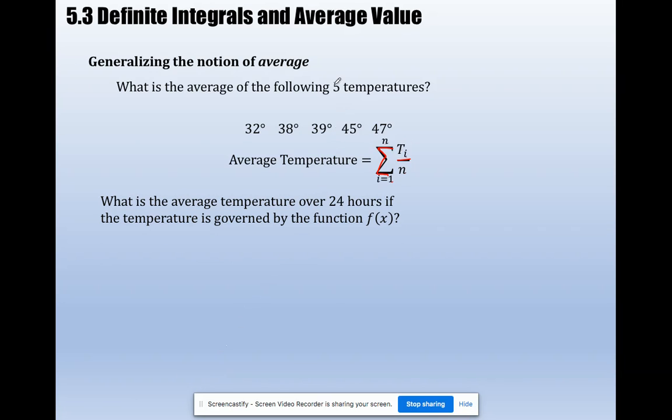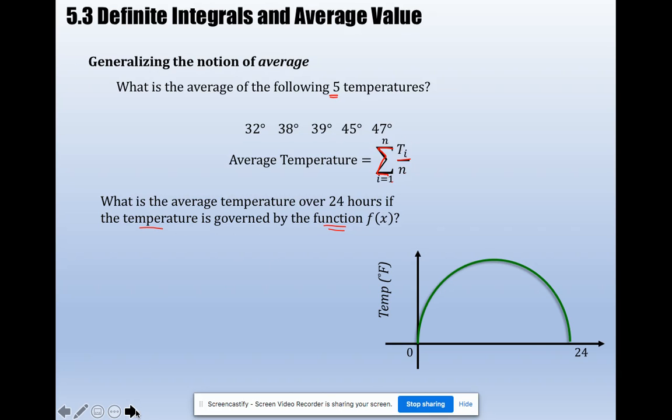But instead of 5 discrete temperatures, what if I wanted the average temperature over 24 continuous hours, if I give you a temperature function? So here is a terrible interpretation of a function over 24 hours.